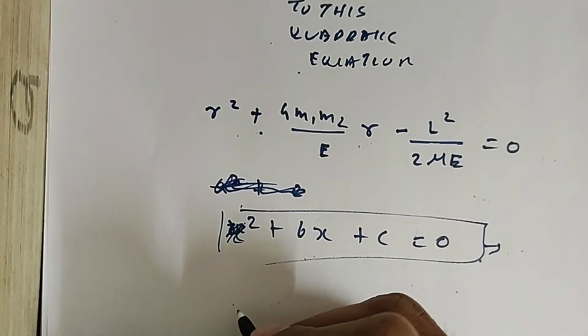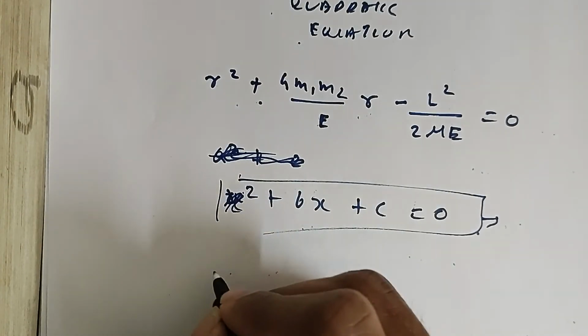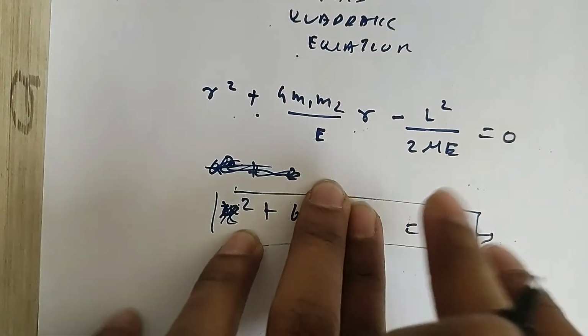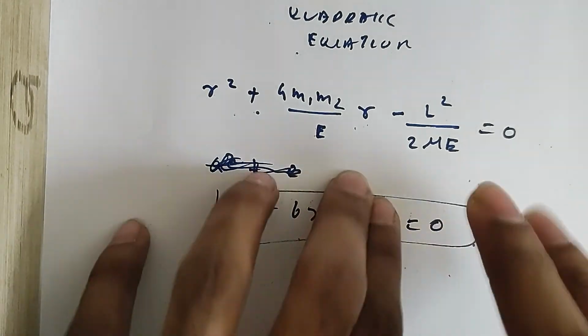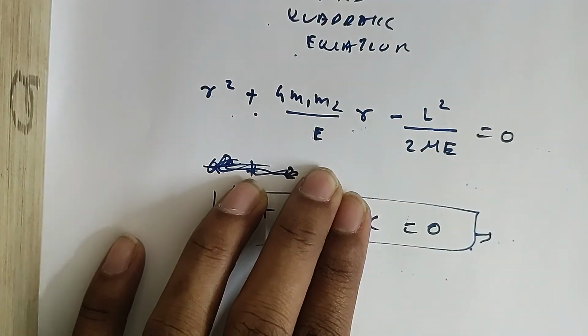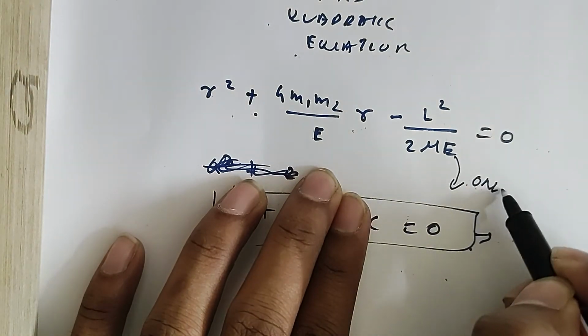I don't know why I wrote a square, pardon me for that. This is the same as in the elliptical case, but only one solution. See, only one positive solution.